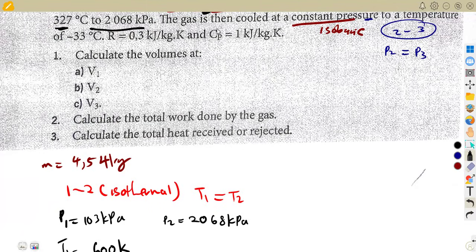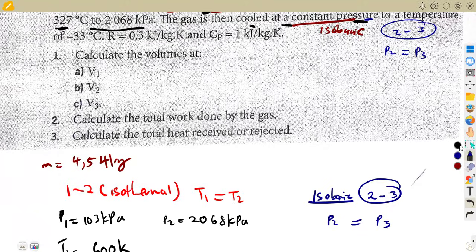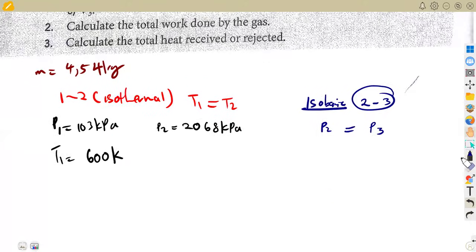Then they are saying at another stage, the gas is cooled at a constant pressure, meaning we are now talking about the isobaric process. We are moving from stage 2 to stage 3. In terms of pressure, P2 is equal to P3. We have P2 given, so P3 is equal to 2068 kilopascal.